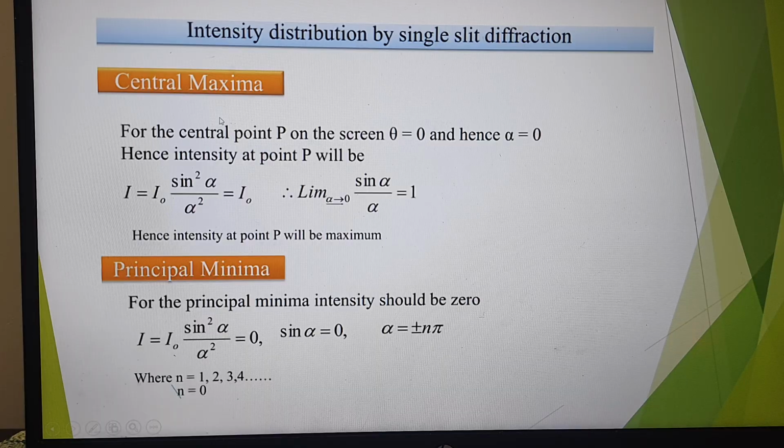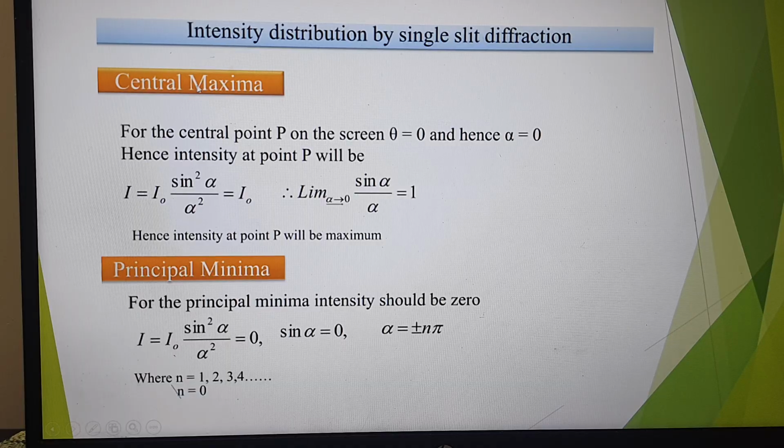Okay, coming to the intensity distribution by single slit diffraction, the first one is the central maxima. For the central maxima, we take the central point P on the screen, where theta equals 0. If theta equals 0, then alpha is almost 0. Here we are neglecting alpha, but it is not completely 0.